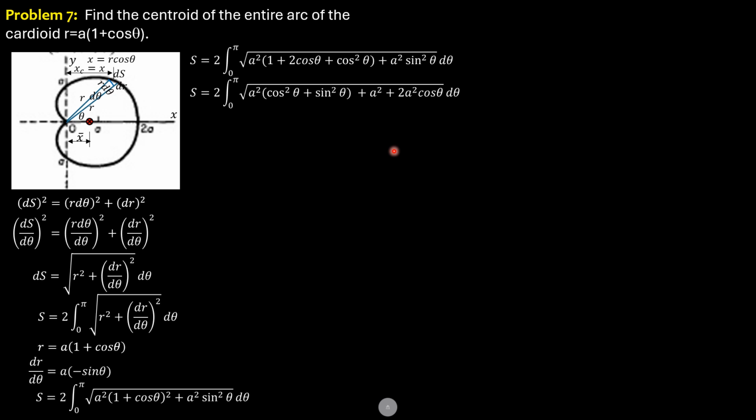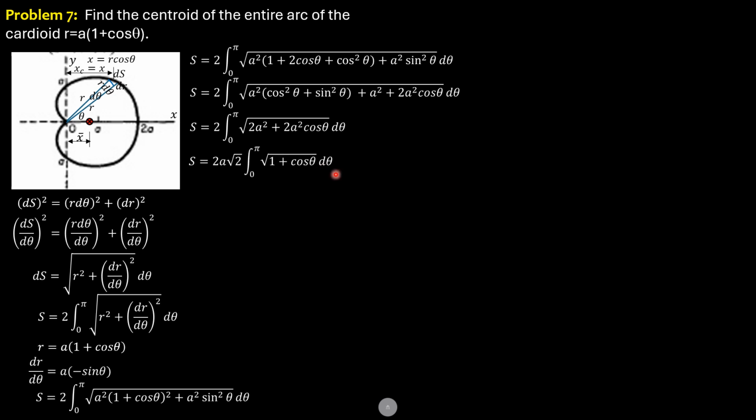So s is 2 integral 0 to pi of square root of 2a square plus 2a square cosine of theta. Factor out 2a square, then we'll have 1 plus cosine theta left in the radical, and square root of 2a square is a square root of 2. So that becomes 2a square root of 2 integral of square root of 1 plus cosine theta d theta.